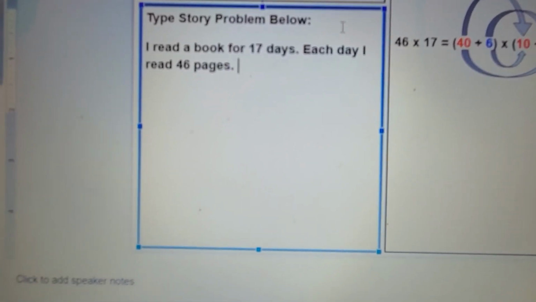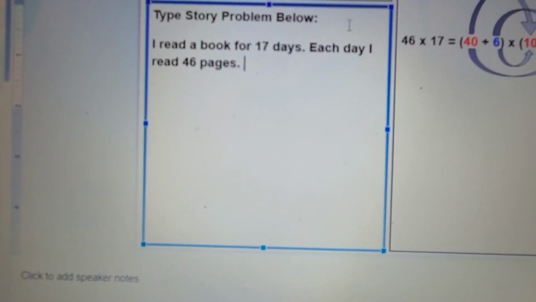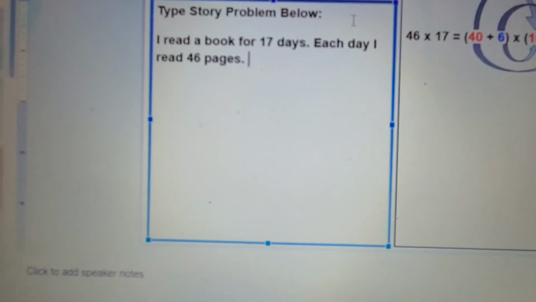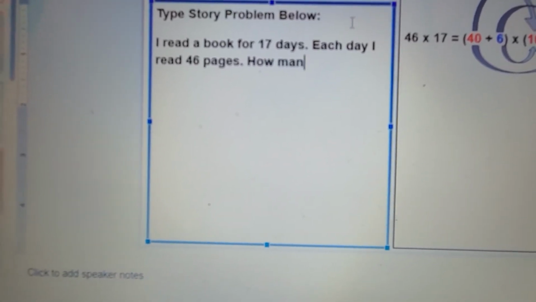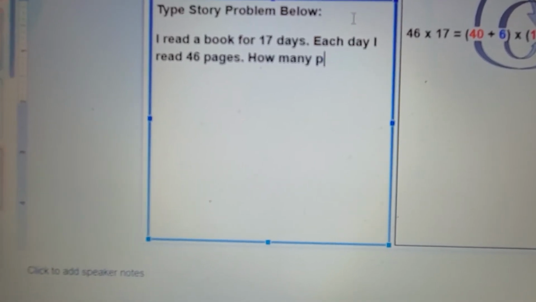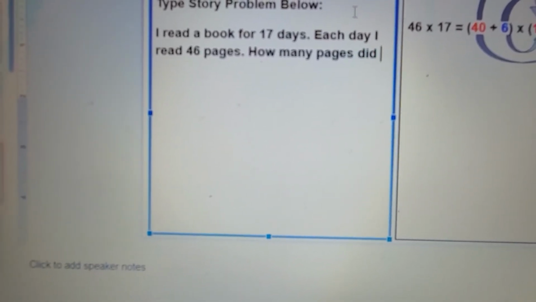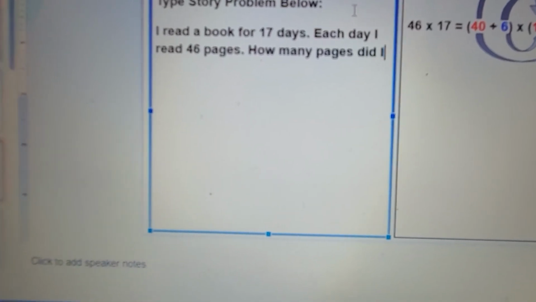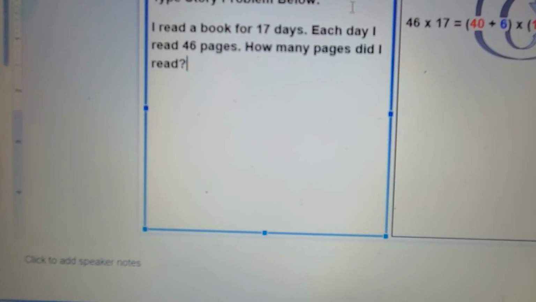Now I enter the question. How many pages did I read? And end of the question.